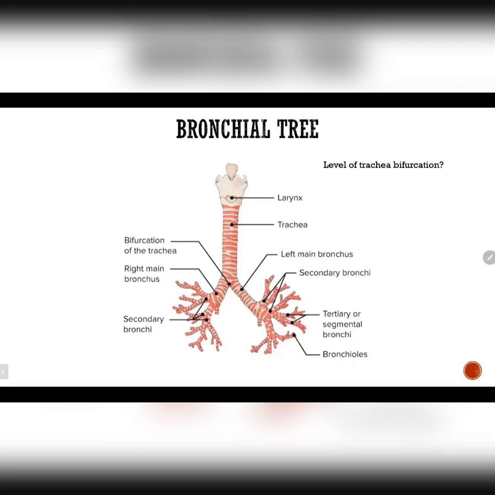So does anyone know any other event which occurs at the sternal angle? Can you name at least 2 more events which occur at the sternal angle? Anyone with the answer? What are 2 other events which occur at the sternal angle? Yes, the formation of aortic arch. Yes, good. Division of the mediastinum into superior and inferior mediastinum.